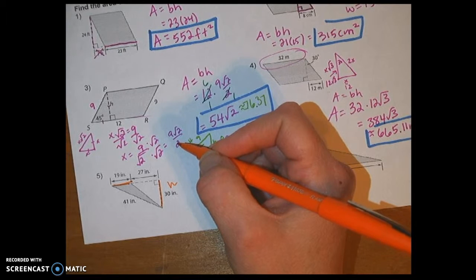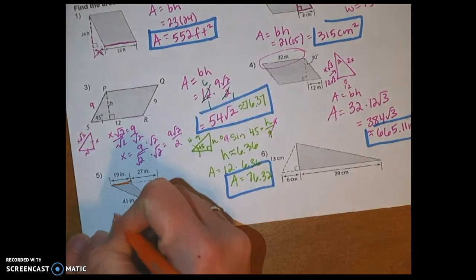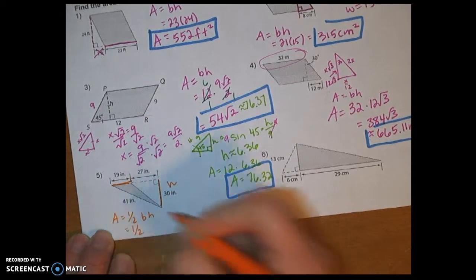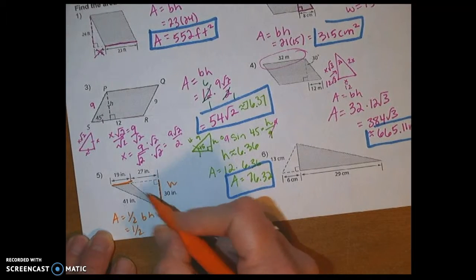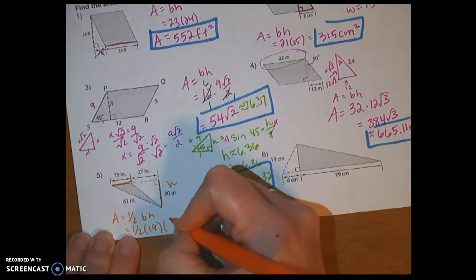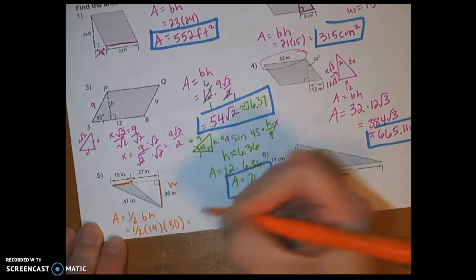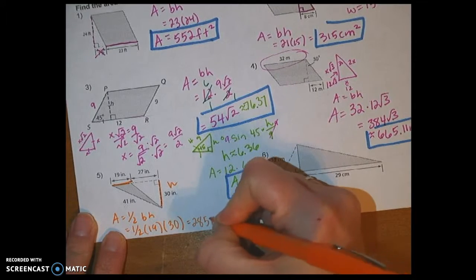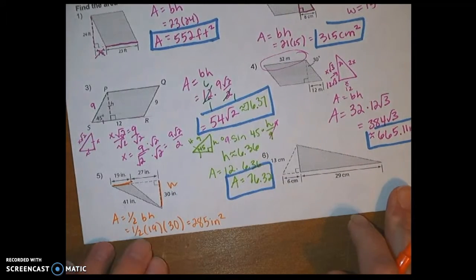You have to make sure that you pick out the correct base and height. Remember, a triangle is 1/2 base times height. So 1/2, and in this case, my base is 19 and my height is 30, which when I multiply that out gives me an area of 285 square inches for number 5.